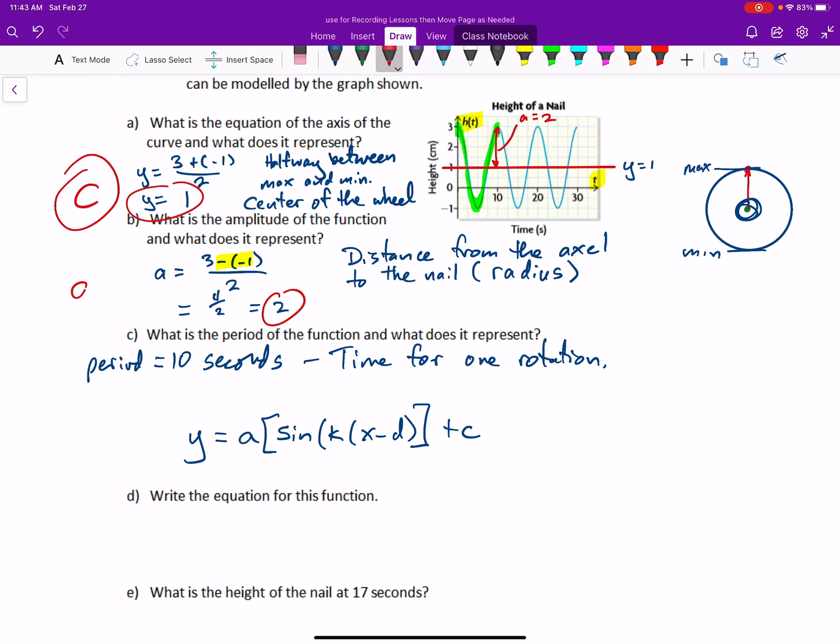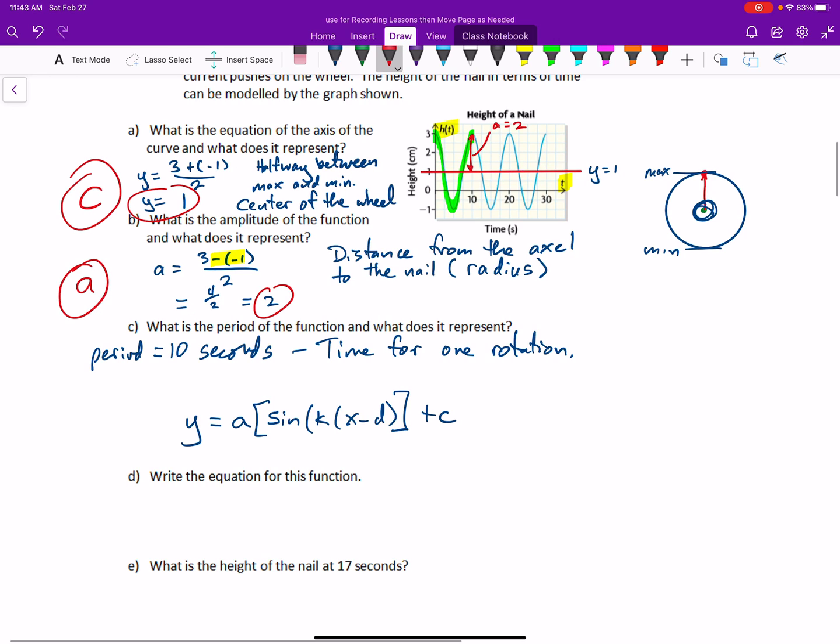My amplitude is a. The k value I can get from the period. Remember, k is going to equal 360 divided by the period, 360 divided by 10. So my k value is going to be 36.